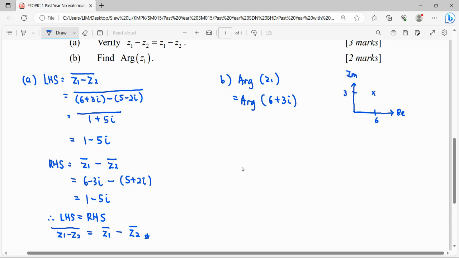So this is our complex number z1. In quadrant 1, the argument is equal to shift tangent, b over a, which is 3 over 6.